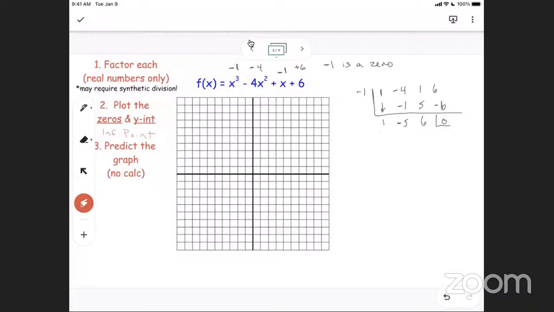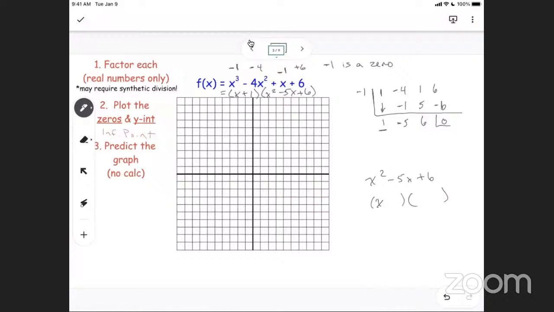Okay, so now this gives you your other factor. So basically what I know is that this equals x plus 1, because that's the -1 zero, times x squared minus 5x plus 6. And so now I can try to factor this further. I know how to factor this if it works.